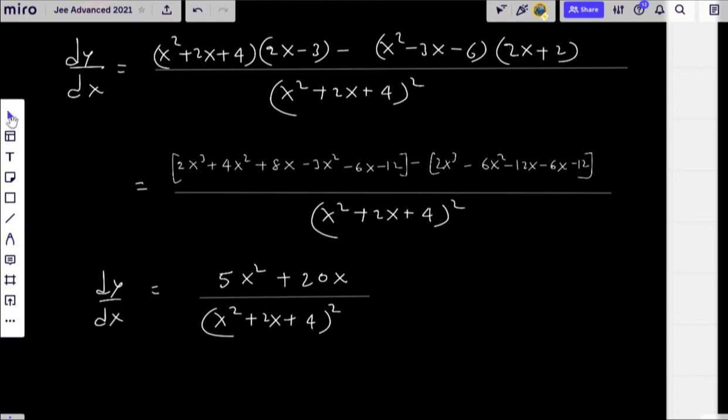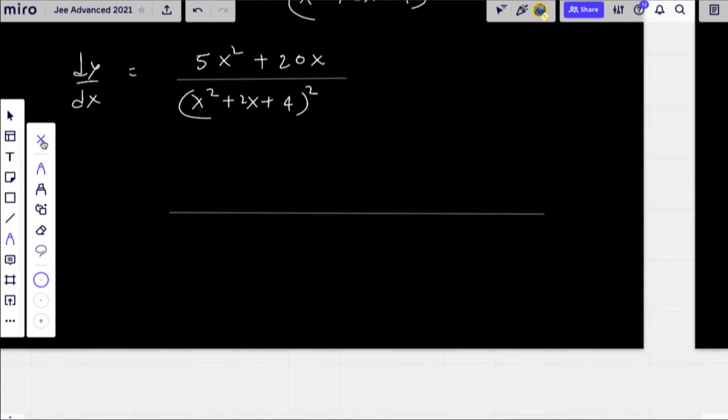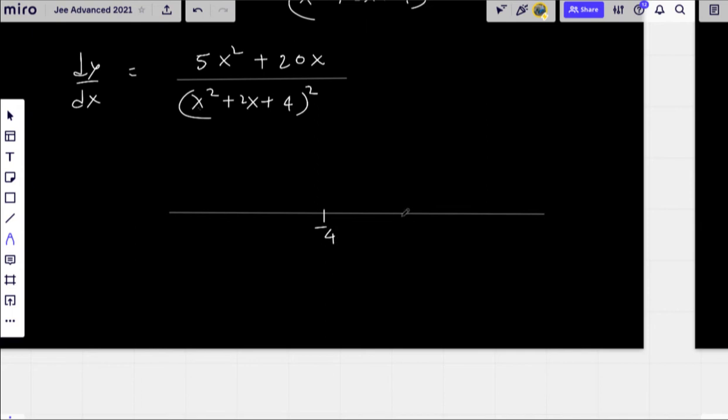So if we see, we use the wavy curve method over here. The critical points are -4, 5 for the 20, and that is 0. So if we see, then this part is positive, negative, positive using the wavy curve method.